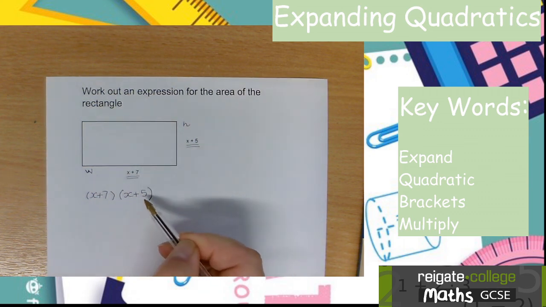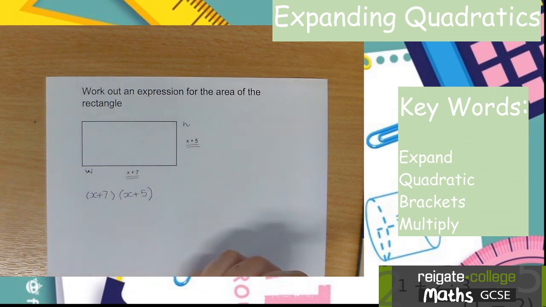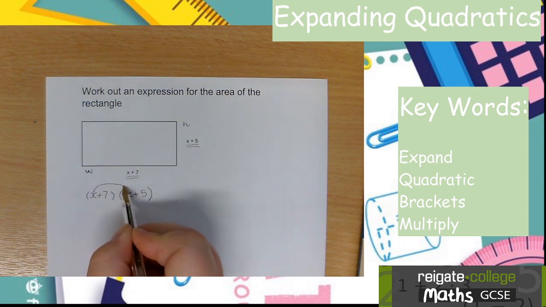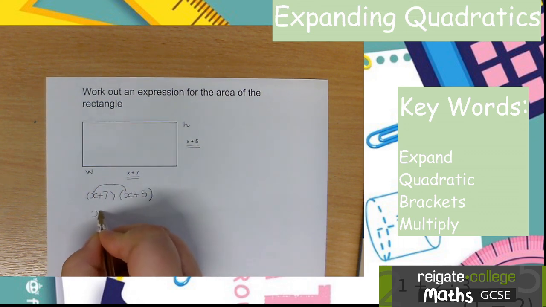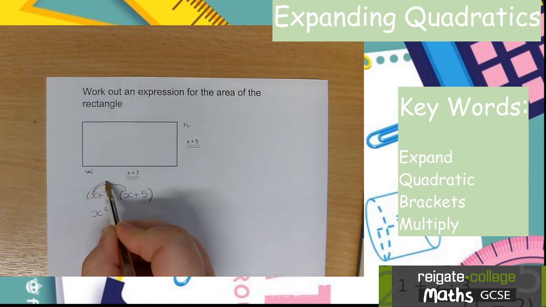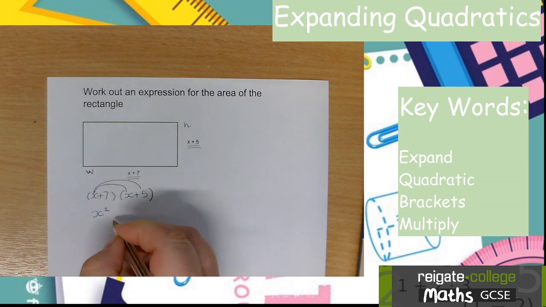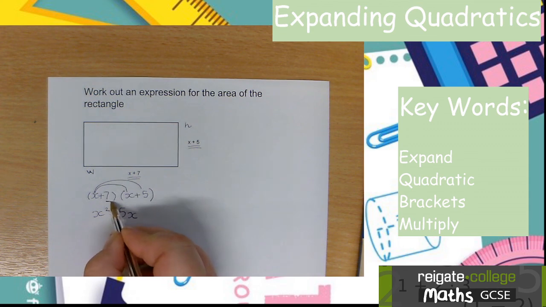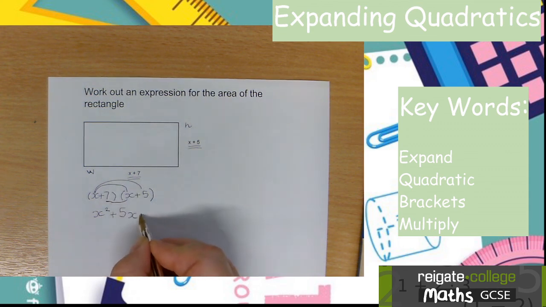So to multiply those 2 expressions together, I've got to multiply both of the terms in the brackets with each other. So x times x would give me x squared. X times 5 would give me 5x. 7 times x is 7x.